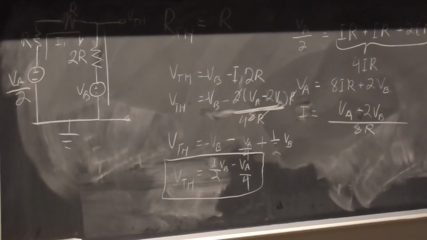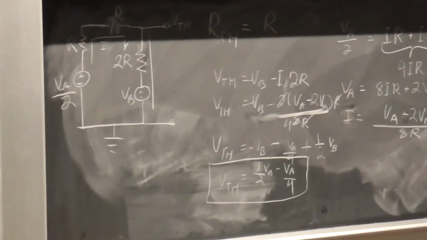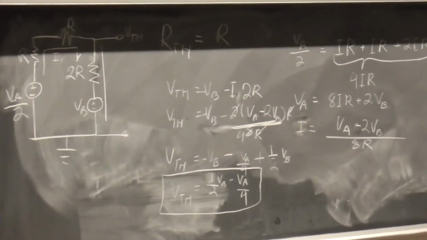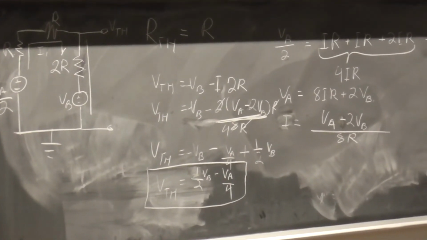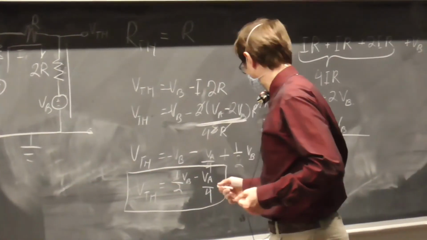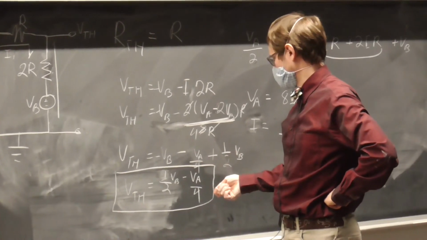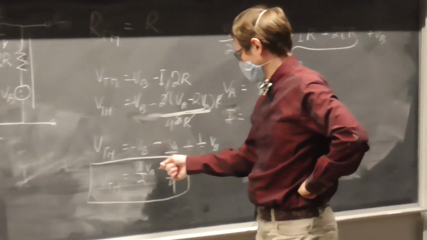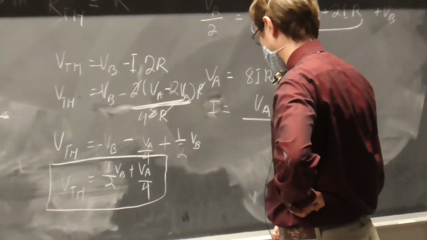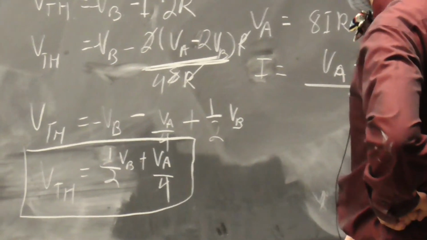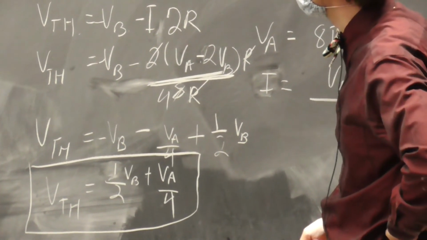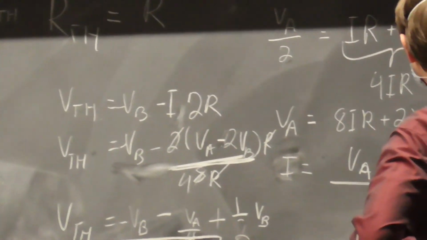Yes? So would the next one be VC over 2 minus VB over 4 minus VA over 8? Well, I can't tell what that says from here. It should be a plus. That's the other problem. Me and my negatives, I tell you.